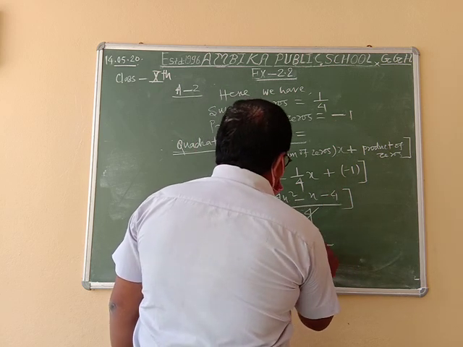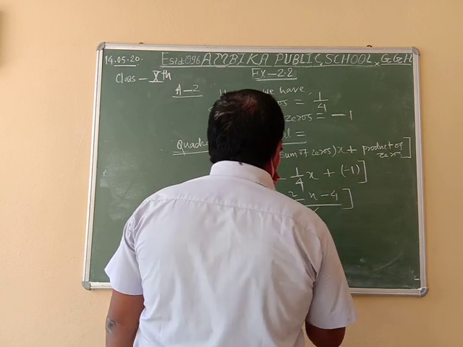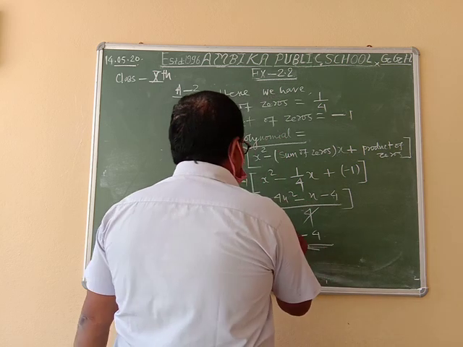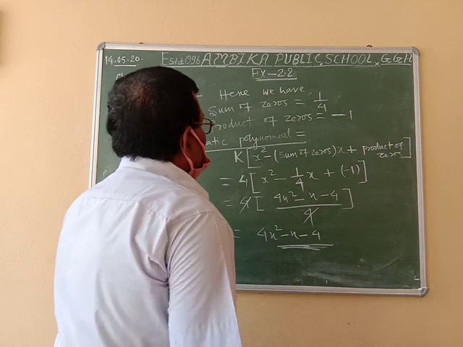So this is the required quadratic polynomial, 4x square minus x minus 4.